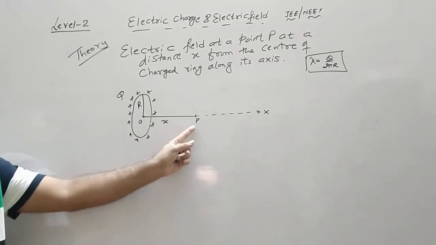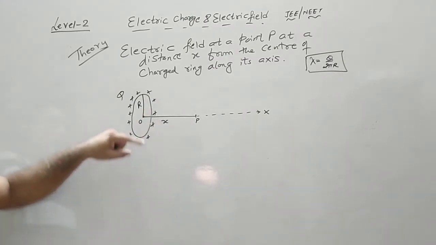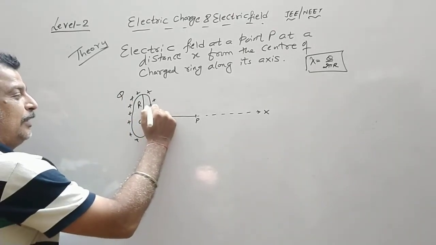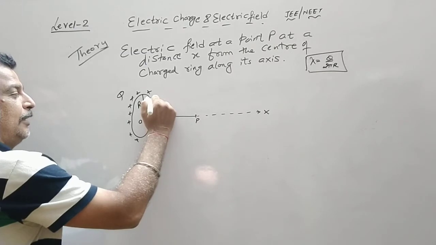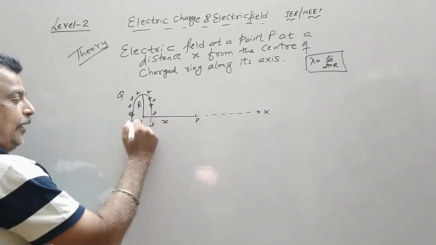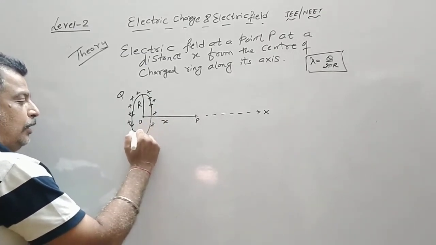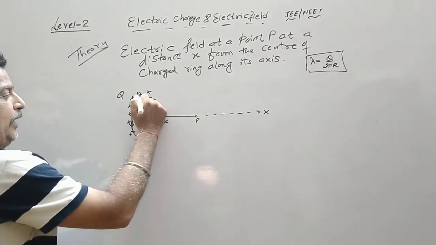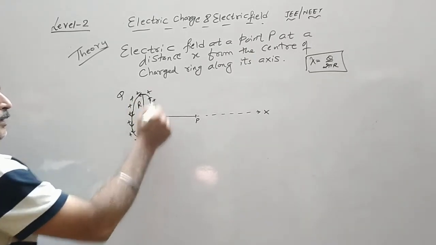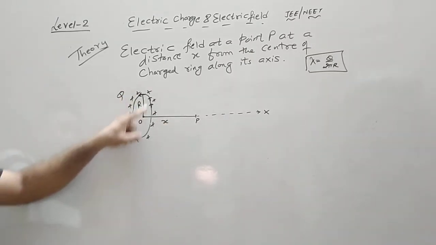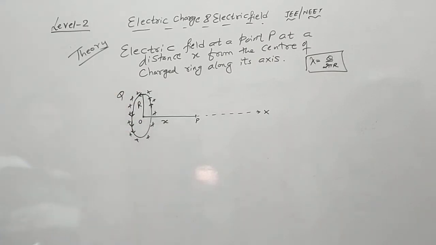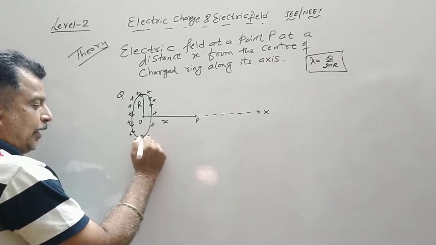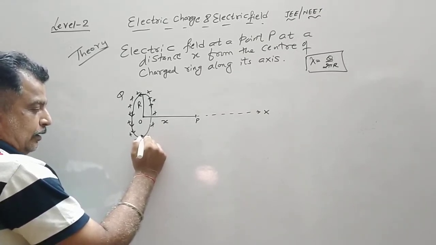Now we have to find out the electric field intensity at point P. So I will divide the entire ring into small line elements. So this is one element, this is another element. The entire ring is divided into small elements. So first I take the element at this point. You can take an element on the ring at any point, but you have to always take two diametrically opposite line elements.